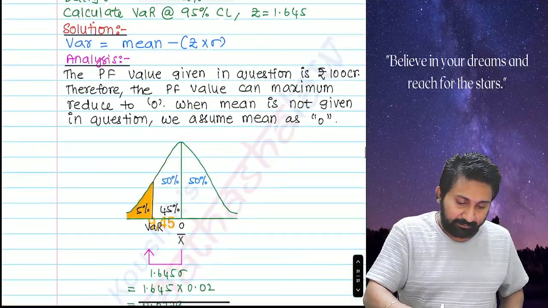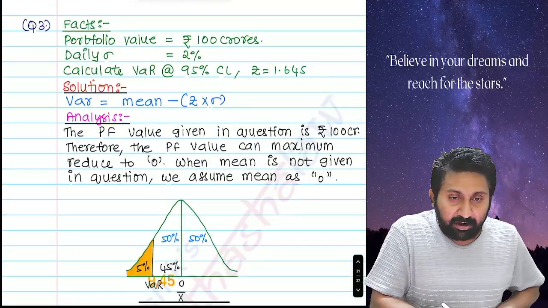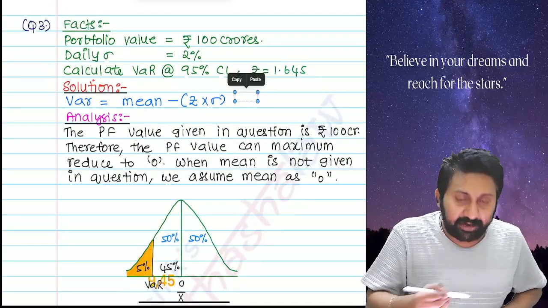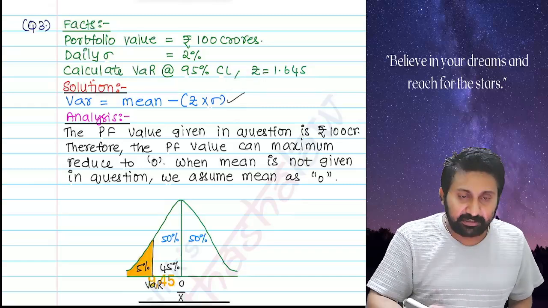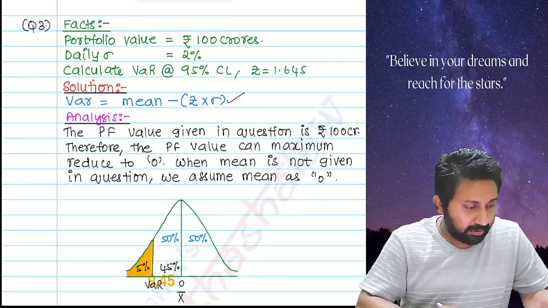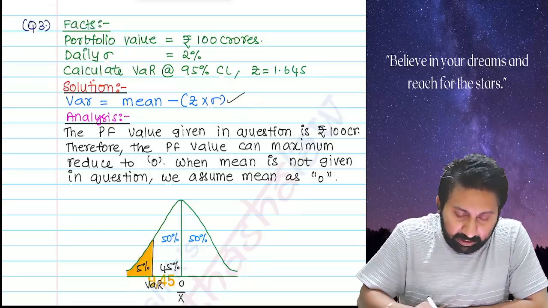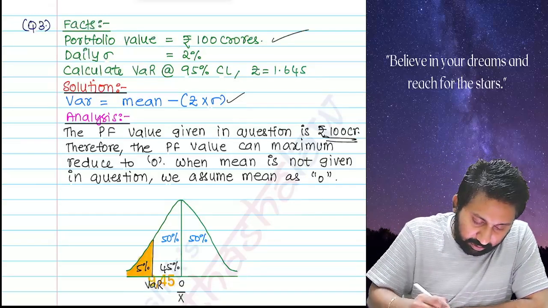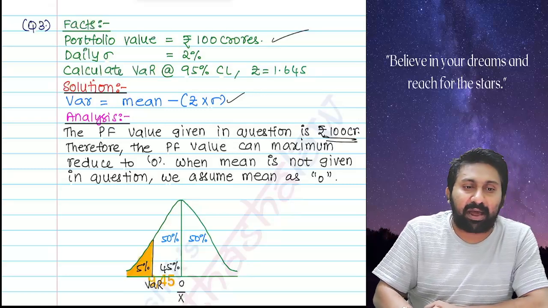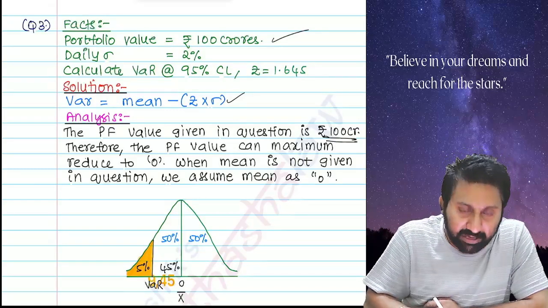See here, same. So VAR equal to mean minus Z into standard deviation. So let us understand what does it mean. The portfolio value given in the question is 100 crore. Therefore, portfolio value can maximum reduce and become how much? 0.